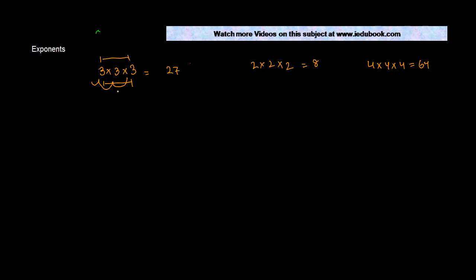In such a case, you can also write this in a shorter way, and this can go up to any number of terms. Let's say 3 gets multiplied by itself 100 times. You write it as 3 and another small 3. This first 3 is known as the base, and this second 3 is known as the power or exponent.